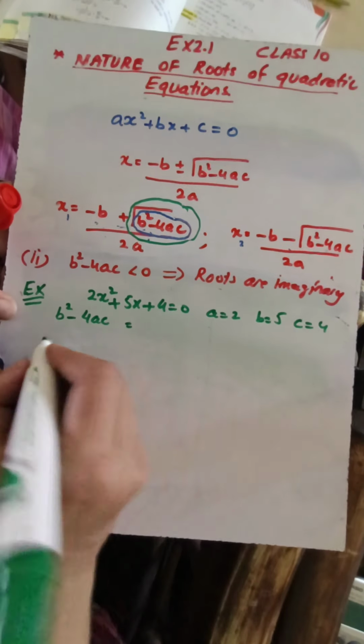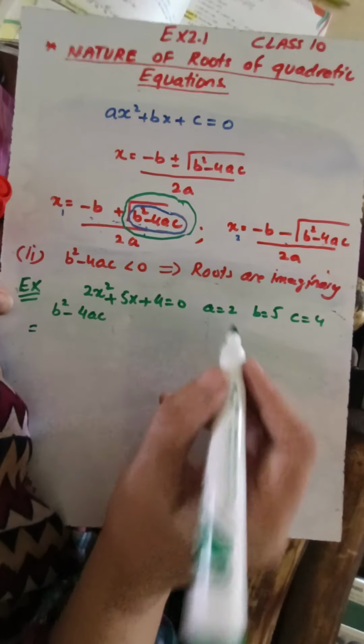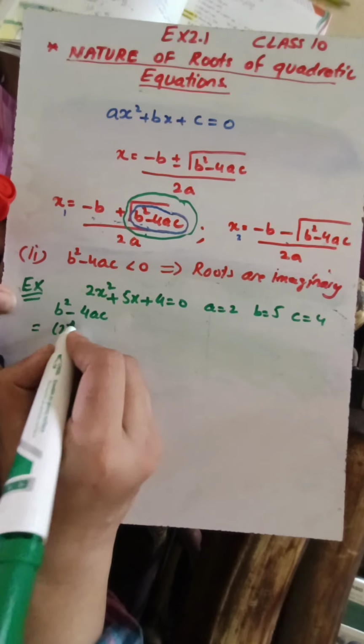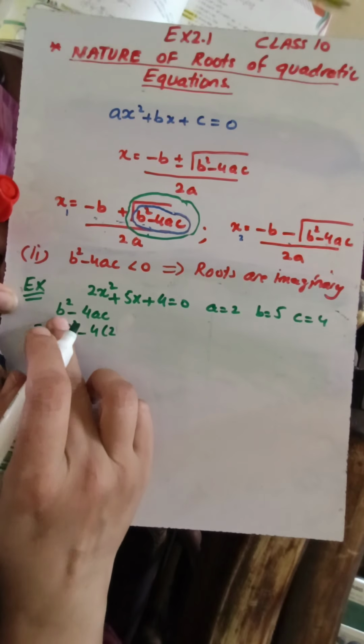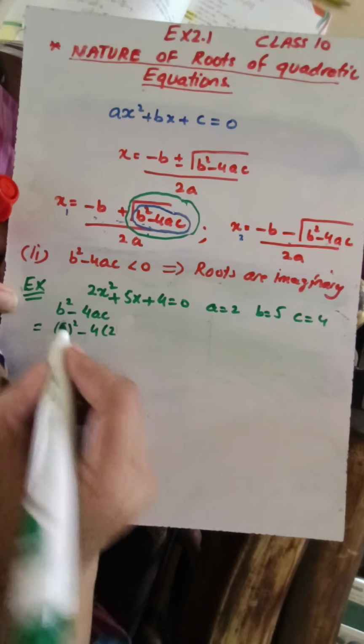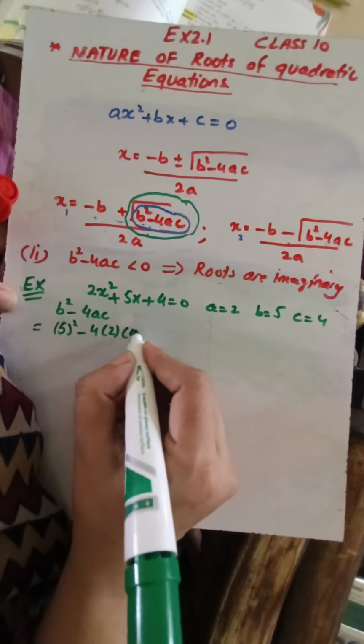So discriminant will be b square, b is 5, so b square will be 5 square minus 4, a will be 2 and c will be 4.